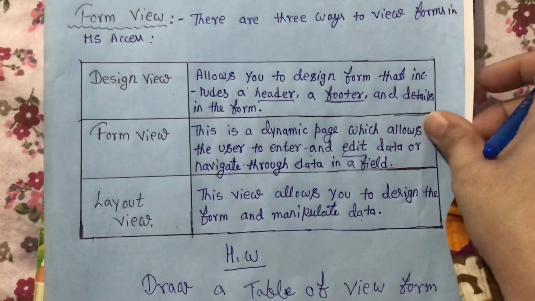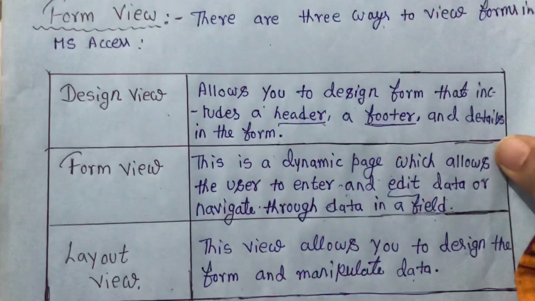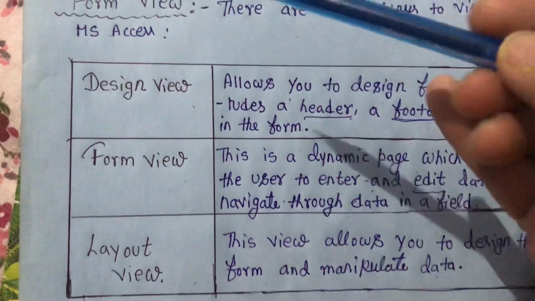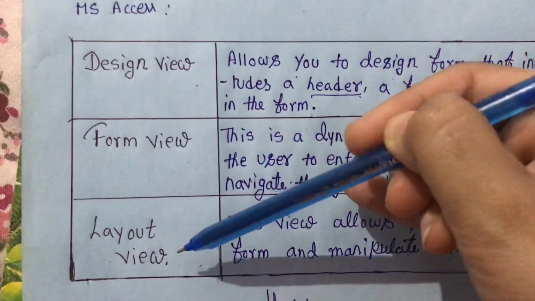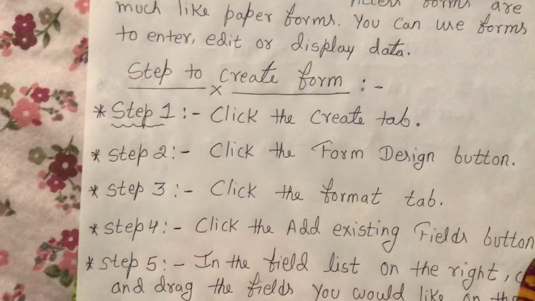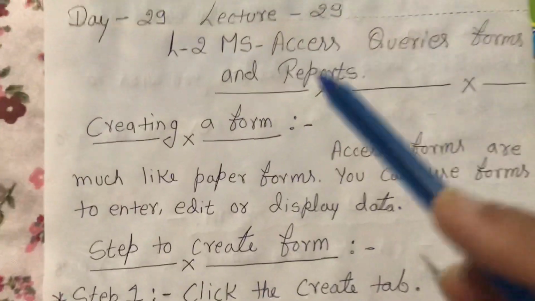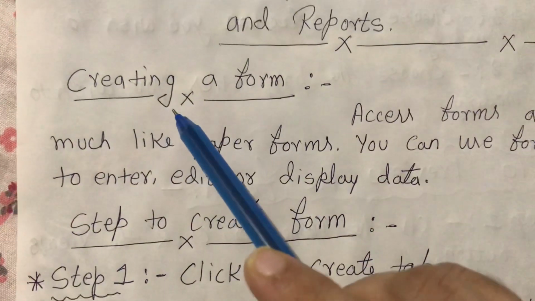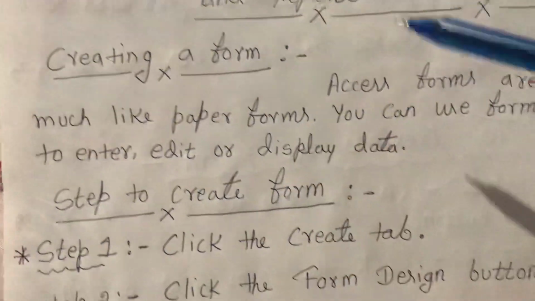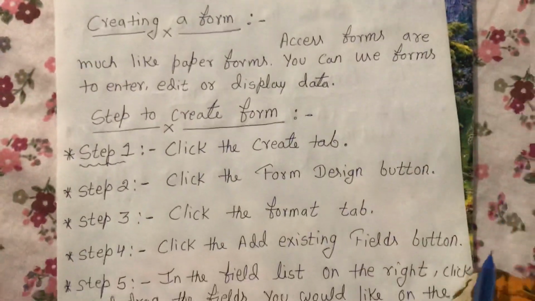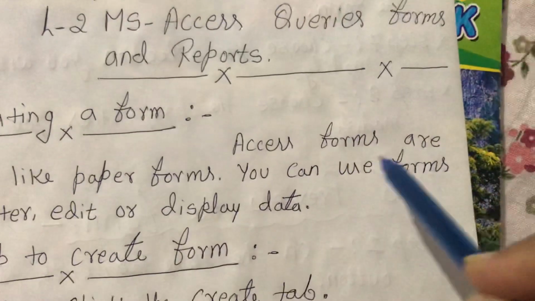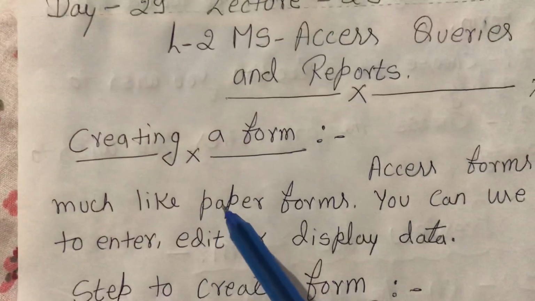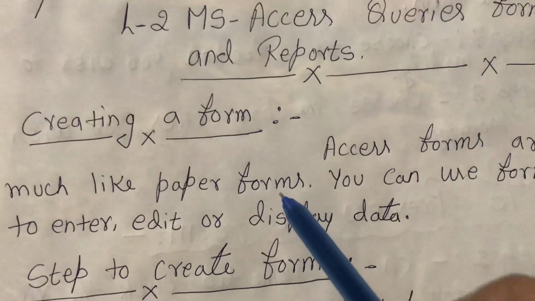Okay, now let's move forward. Yesterday we also learned that there are three views: design view, form view and layout view. Today we will learn how to create a form. Access forms are much like paper forms.